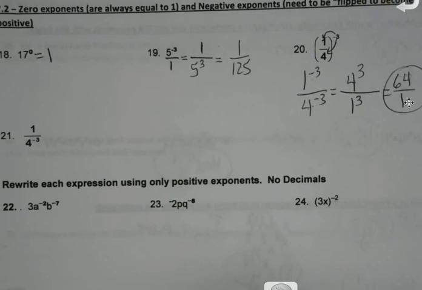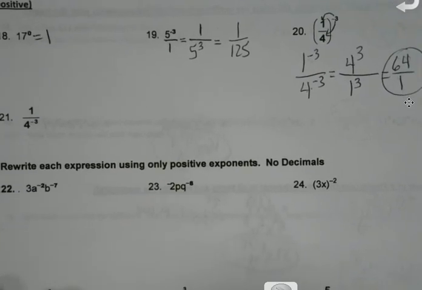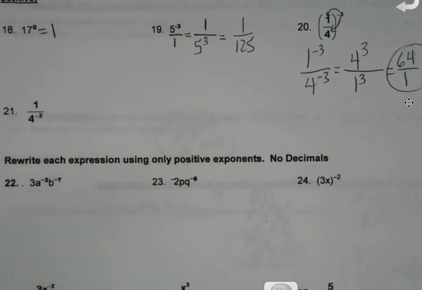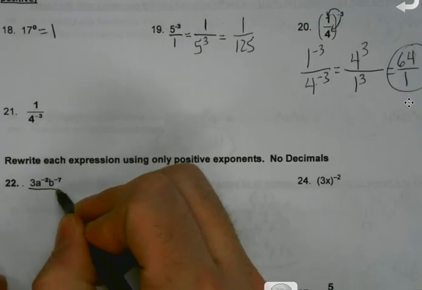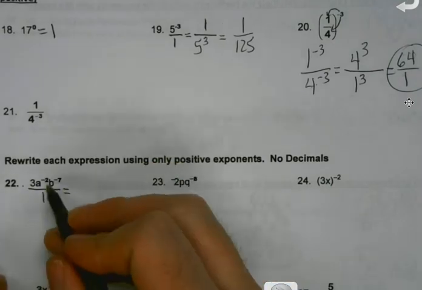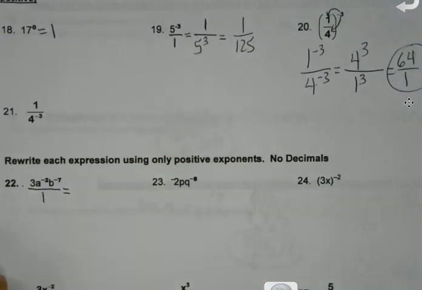Now, just a couple of them down here as well in the next section. Rewrite each expression using only positive exponents. No decimals. So for instance, if I was doing number 22, okay, which parts of that have negative exponents? Well, the a and the b. Does the 3 have a negative exponent?